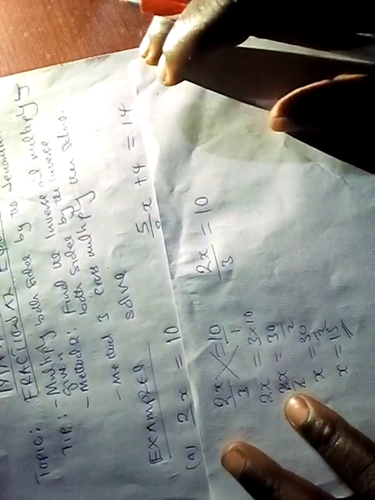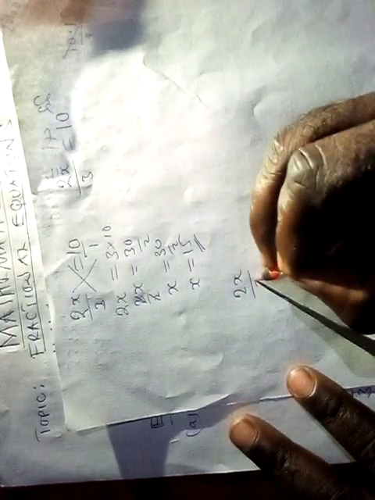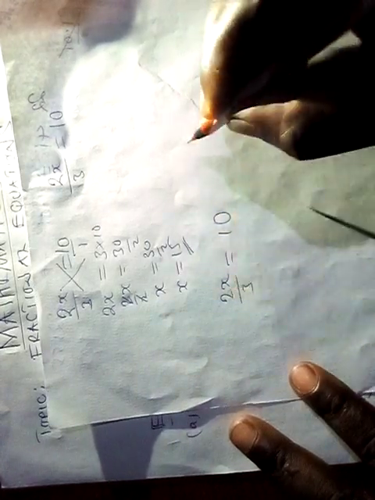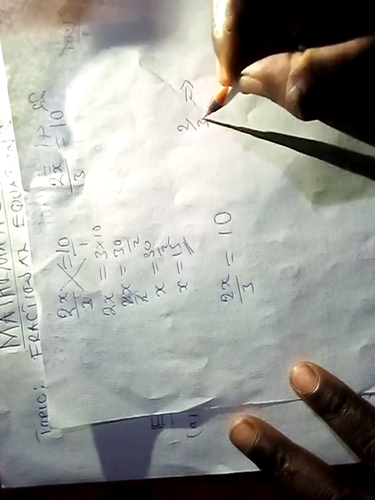What's the inverse of 2 over 3? This will go up as the numerator and this will become the denominator, so it will be 3 over 2. So I'll use the inverse to multiply both sides.